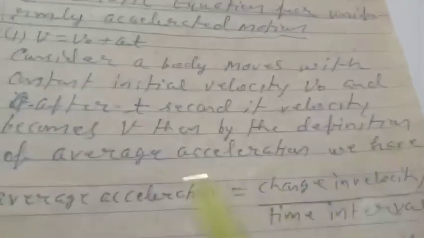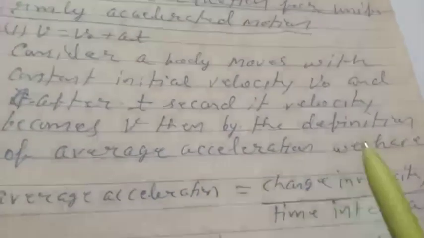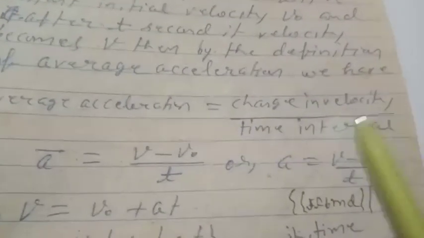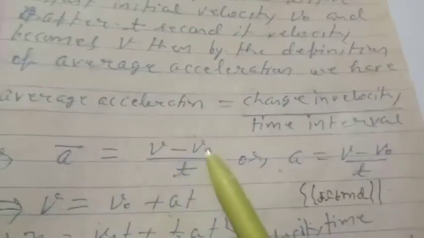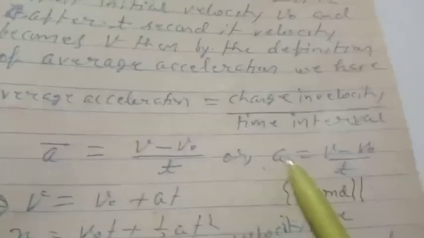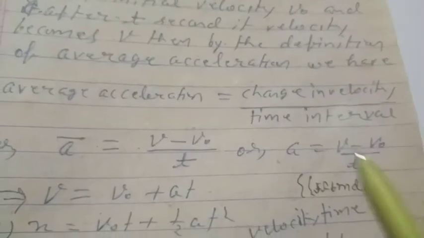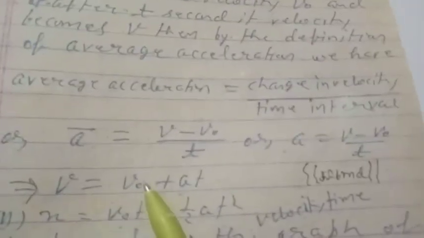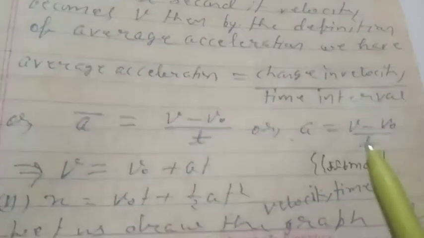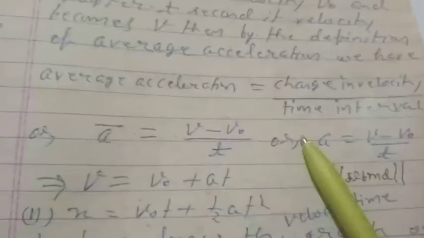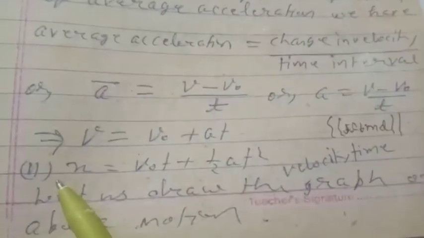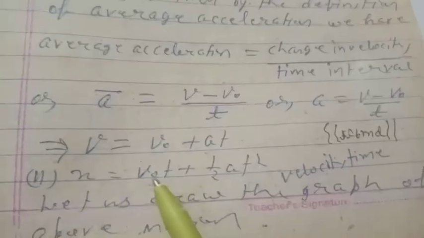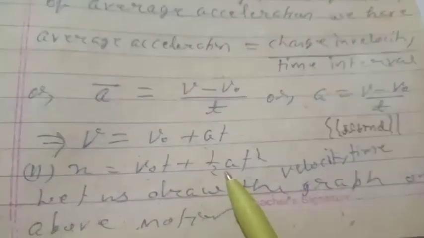Then by the definition of average acceleration, we have average acceleration a bar equals change in velocity divided by time interval, or a equals v minus v naught by t. Cross multiplying, v equals v naught plus at. This is proved.